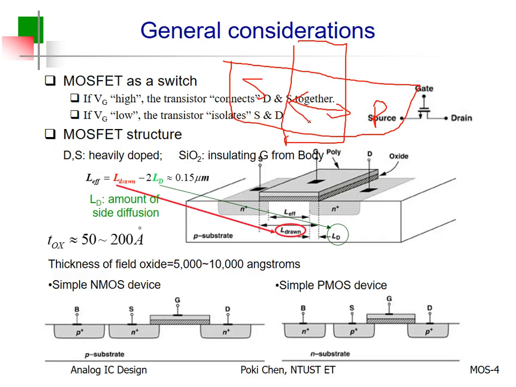But for the three-dimensional view, because we have side diffusion here, right, and side diffusion there, the effective length is the length you draw during layout minus 2 LD. LD means the amount of side diffusion. So this is the effective length here, and the width there. We don't have such side diffusion for the width.